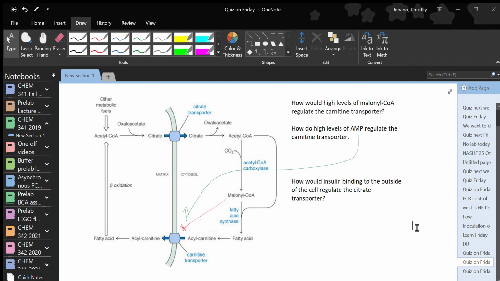Just had a big meal. What's going to happen here? You're going to make pyruvate, run glycolysis, but what's going to happen to the citrate transporter? It's going to activate it. You've got lots of energy stuff, so you're going to store it in your body.